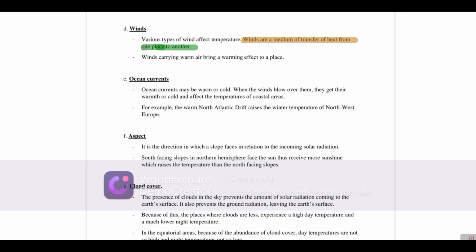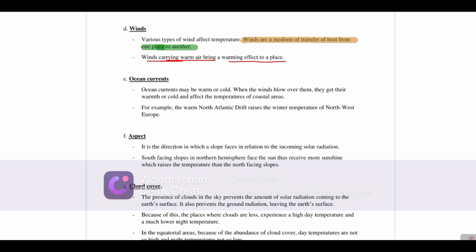So that is the effect of wind. We also need to underline this part. Take note of this part, because it is very important.